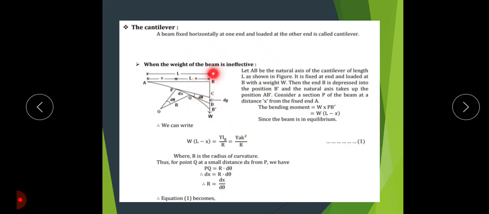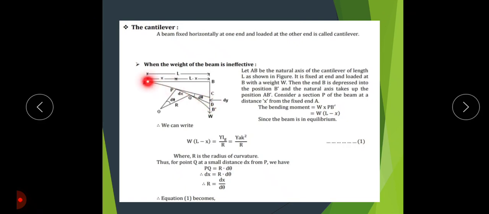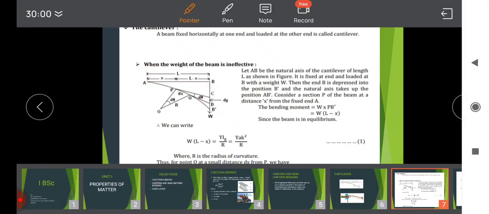After we add the load to this end, the neutral axis takes up the position A to B dash, that is AB dash.